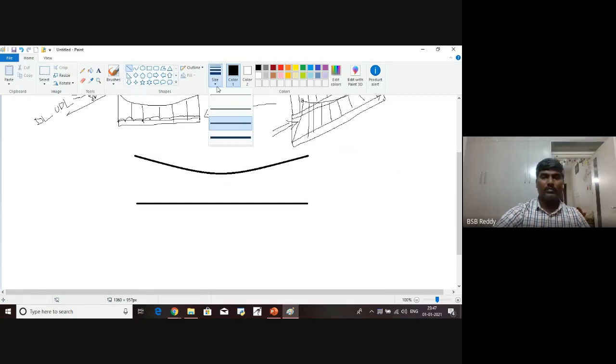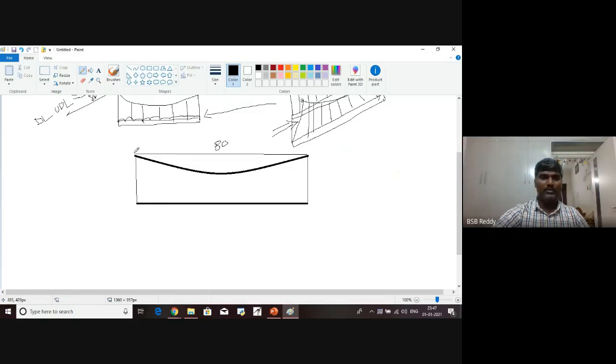Now the suspenders. So you just need to fill up the suspenders. So this is the span, 80 is the span.